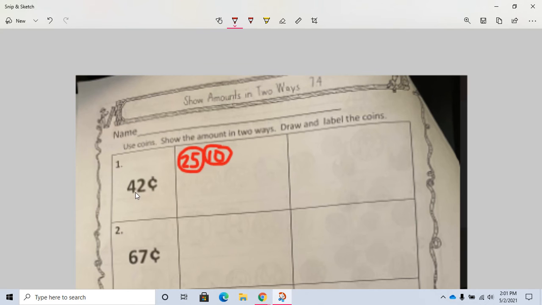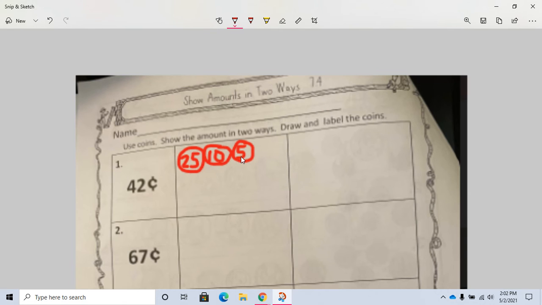Can I add a nickel on? Yes. Why? Because 5 added onto this would make 40, and 40 is less than 42. So if I'm at 40, friends, can I add another nickel on? No, you're right, we cannot, because that would equal 45, and 45 is greater than 42. So that brings us to our pennies.